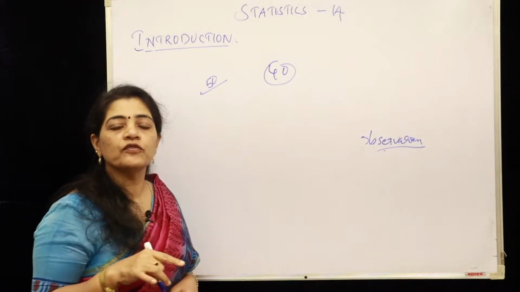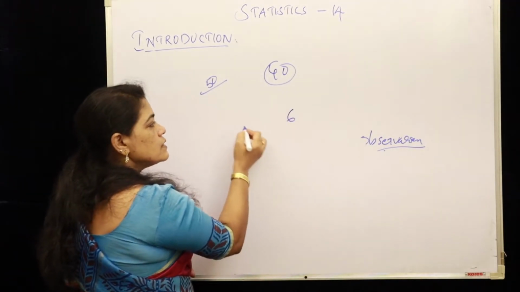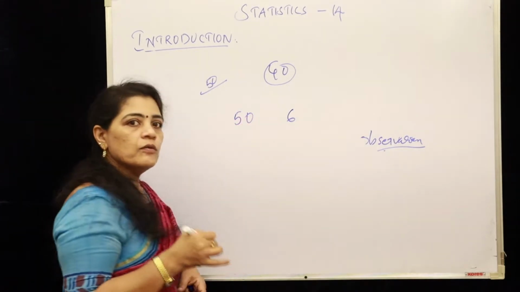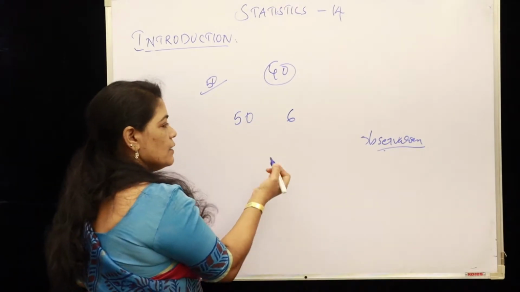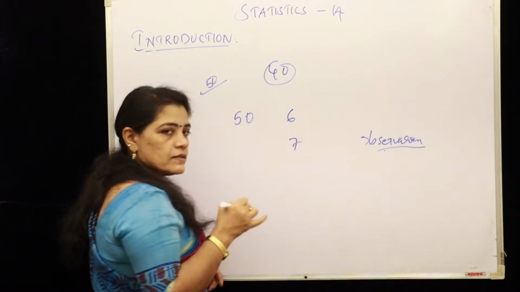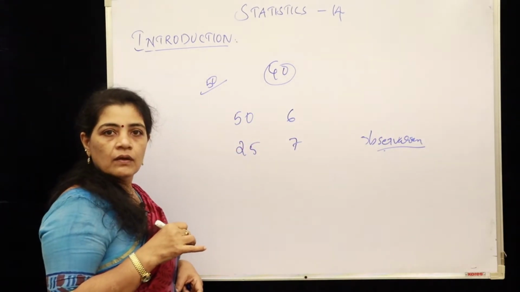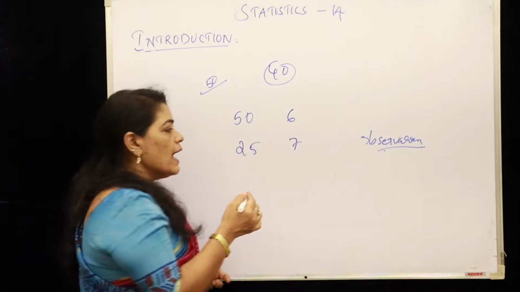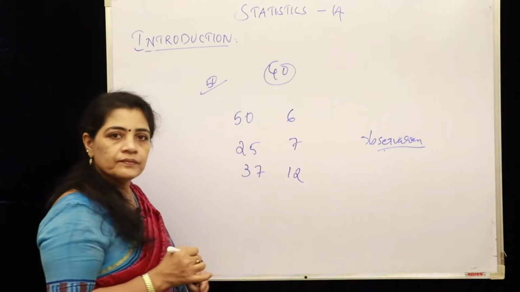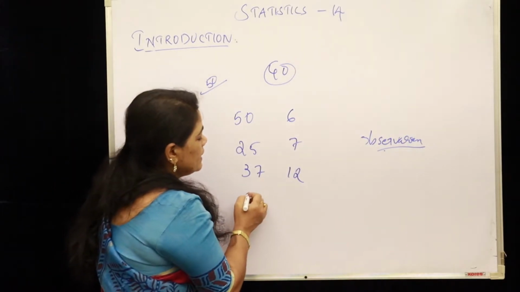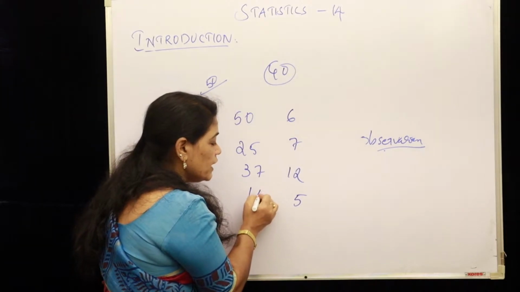There may be 6 students who scored 50 marks, full marks, and 7 students who scored 25. This way also we can represent it, and there may be 12 students who scored 37, and 5 students who scored 15 marks.